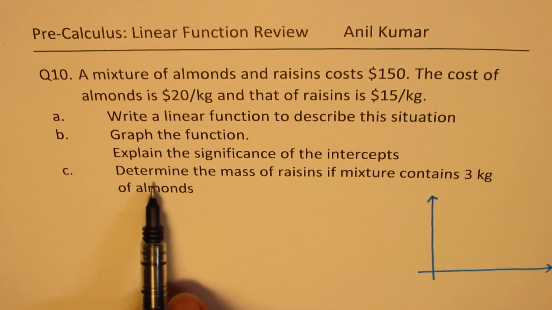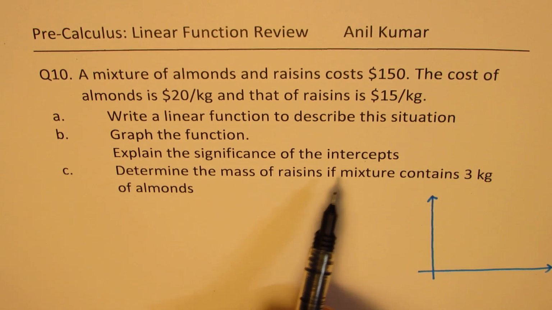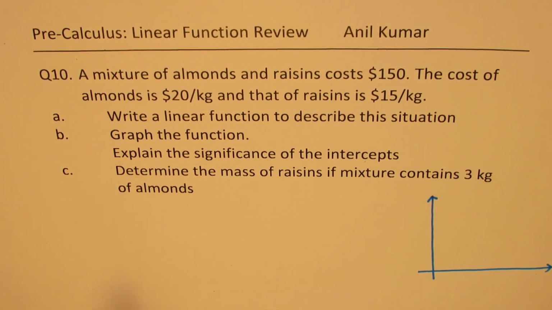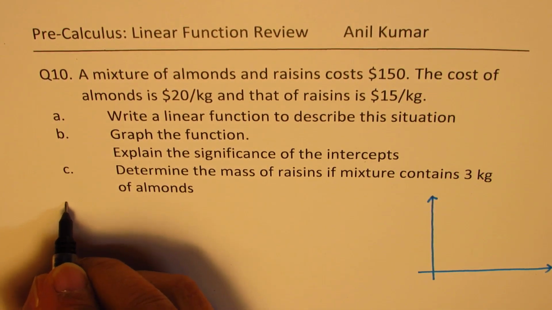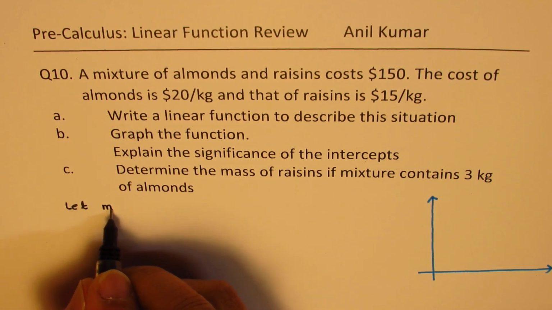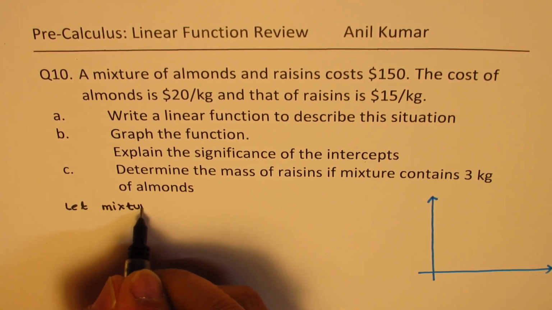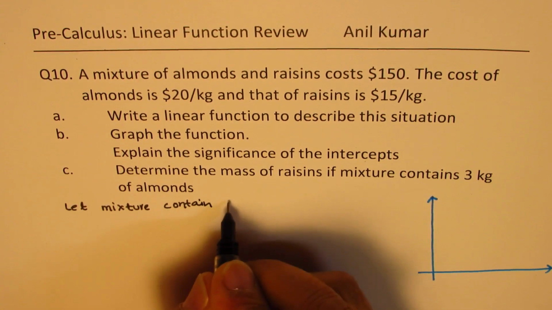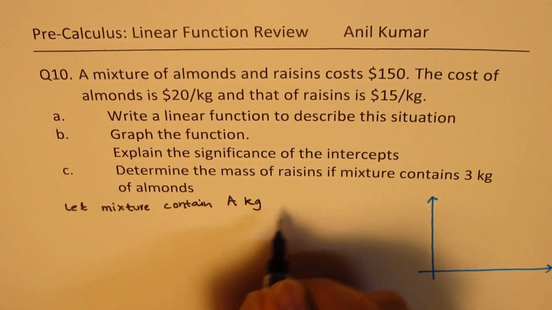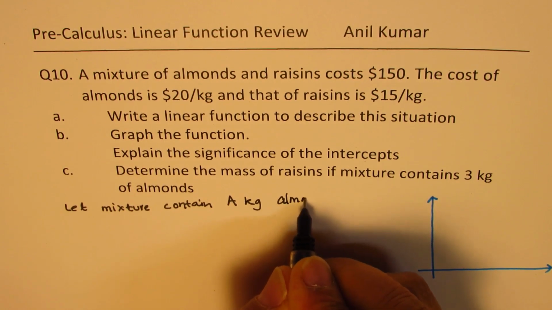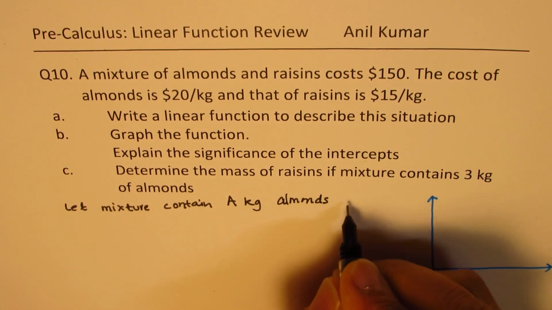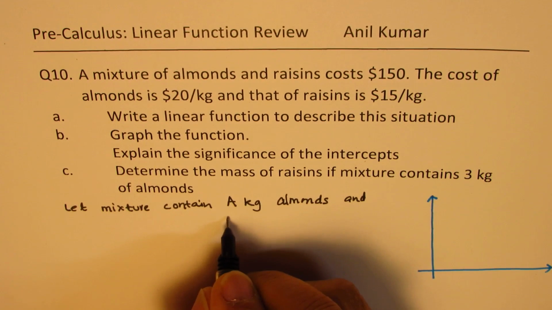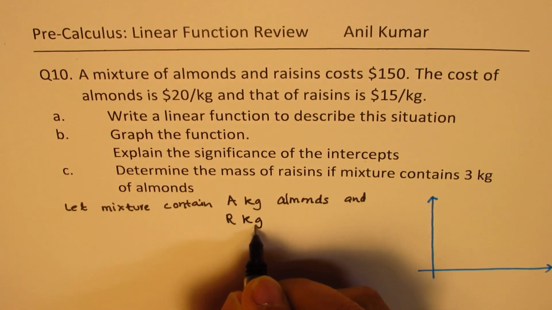The last part here is determine the mass of raisins if the mixture contains 3 kg of almonds. So we'll say let the mixture contain A kg almonds and R kg raisins.